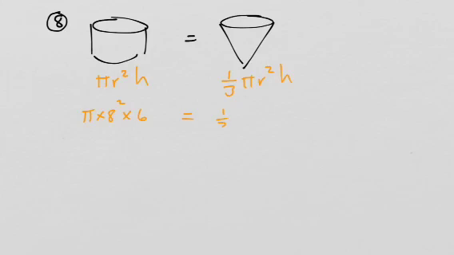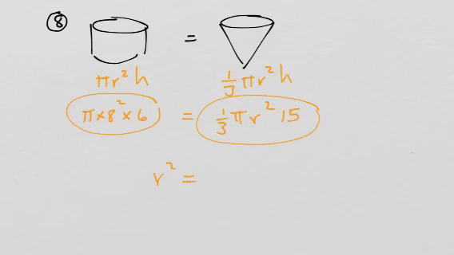We know from the question that the cone is 1/3 pi. We don't know its radius, but we do know its height is 15. Now if you work out this side, tidy up this side, you should have r squared equals a number, so r is just going to be the square root of that number. There's quite a lot of calculator work involved there.